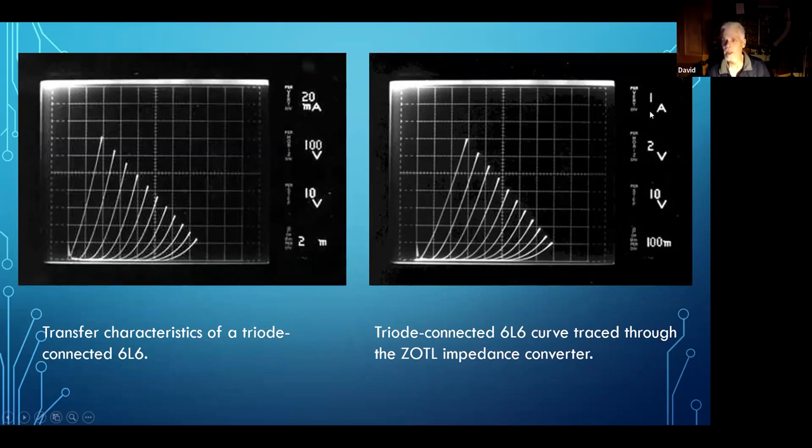Now the effective plate current is 1, 2, 3, 4, 5, 6, 7 amps, and the effective voltage drop across the tube is like 6 volts. So wow, now we got a very interesting amplifying device that has triode characteristics just like the triode. As I said, triode connected 6L6.